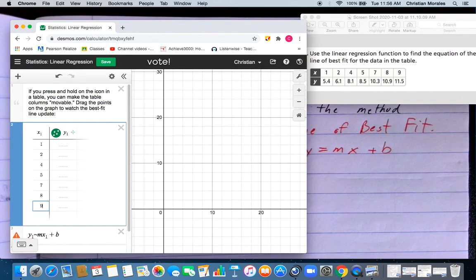You just hit enter and it'll make a new space for you. And then here you put your y's, so 5.4, 6.1, 8.1, and you can see that every time I add another point, the line shifts a little bit because you have more data that it's taking into consideration.